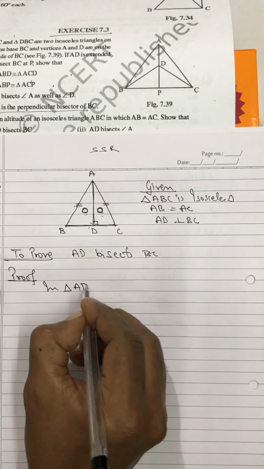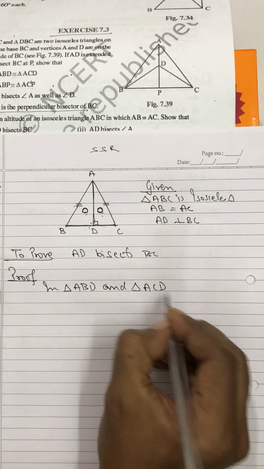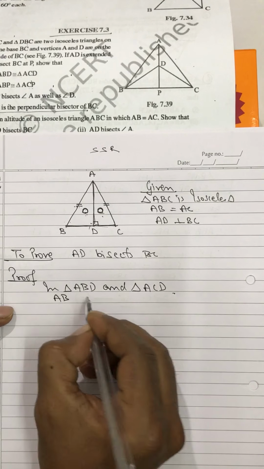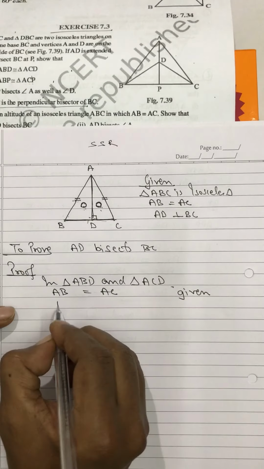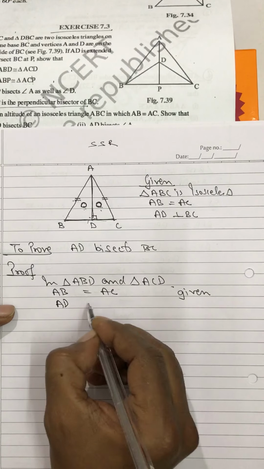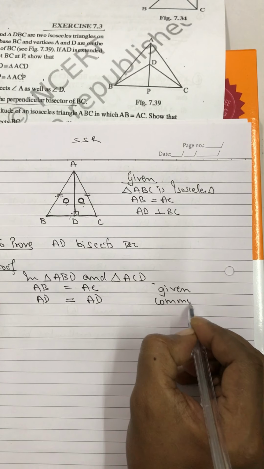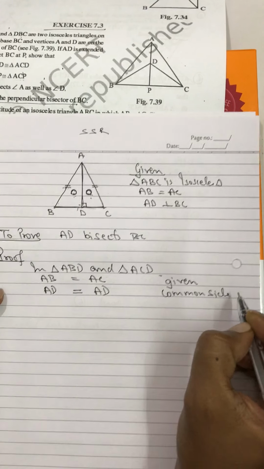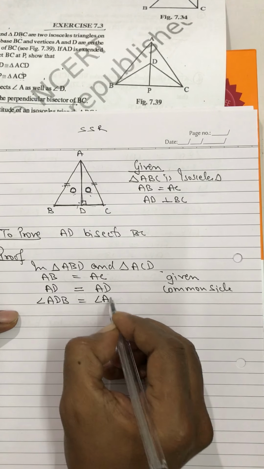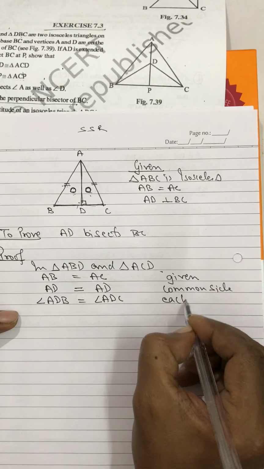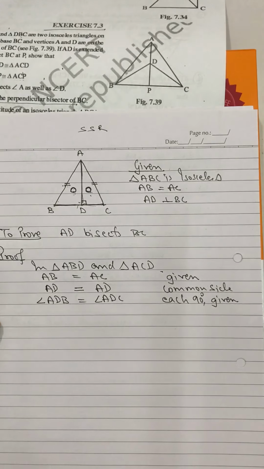So it's very simple. In triangle ABD and triangle ACD, AB is equal to AC, this is given. AD is equal to AD, the reason is common side. Also angle ADB is equal to angle ADC, each 90 degrees, given.